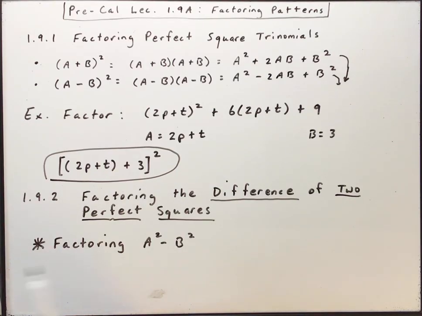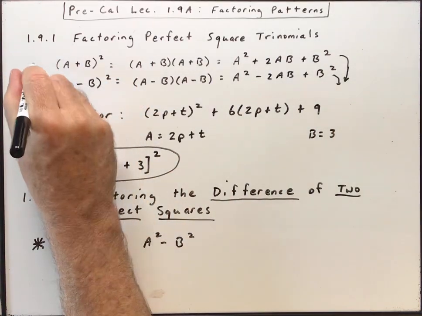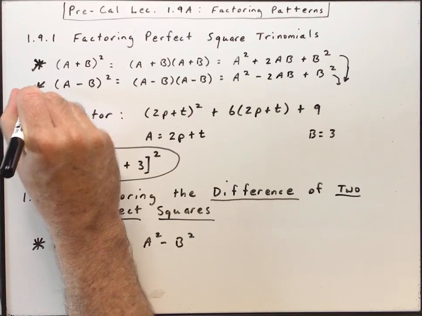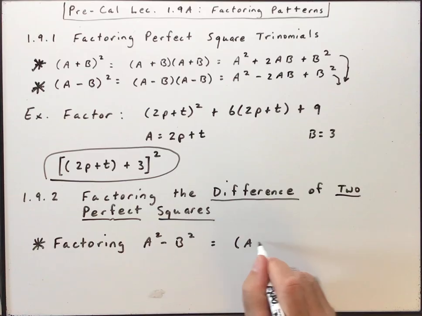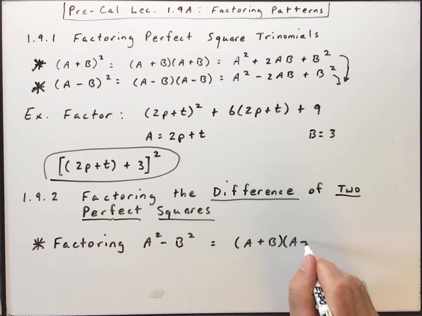All right, and you really need to memorize these two patterns here also. So I'll put an asterisk there. And it factors into, if you see a squared minus b squared, right, it factors into a plus b times a minus b.